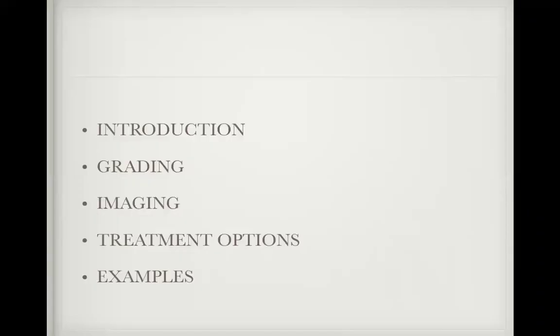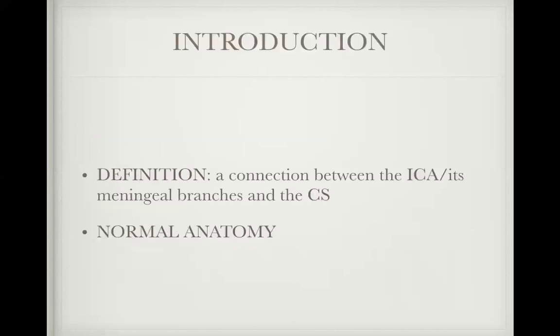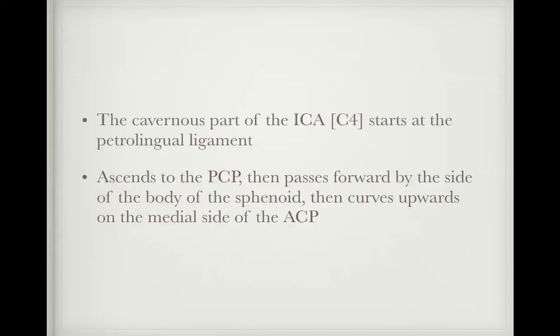I'll go through the carotid cavernous fistula using this outline. A simple definition of carotid cavernous fistula, from the name: a connection between the internal carotid artery and or its meningeal branches and the cavernous sinus. I'll want to quickly go through what the normal anatomy looks like.